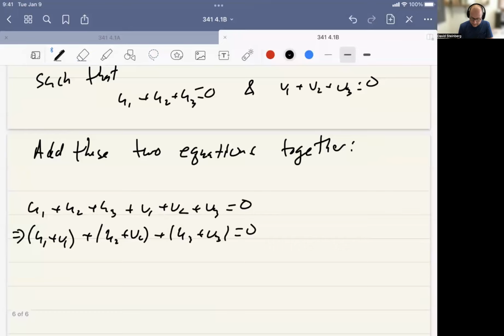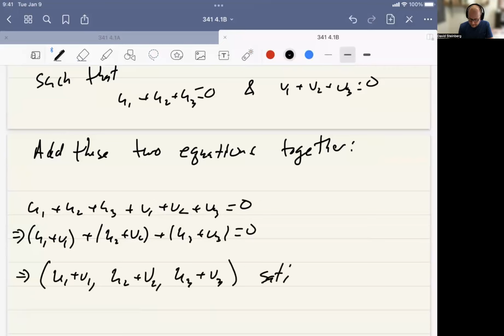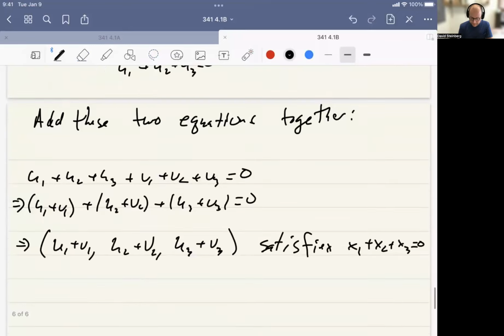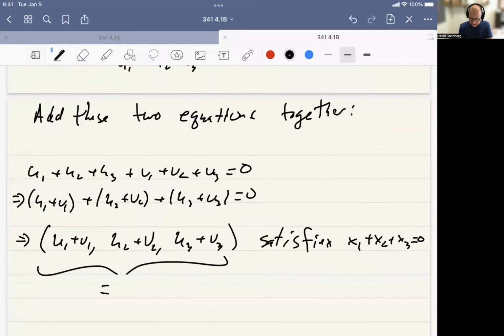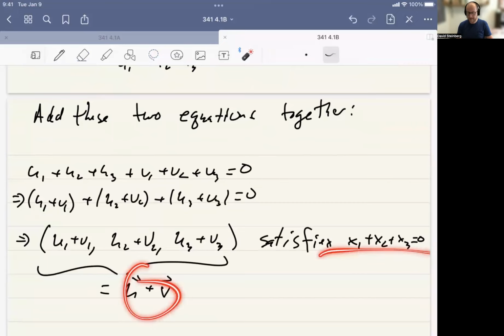But this means the vector u1 plus v1, u2 plus v2, u3 plus v3 satisfies our equation, x1 plus x2 plus x3 is equal to 0. But this vector is just equal to the vector u plus v. So u plus v satisfies the equation. That means u plus v is also in H.